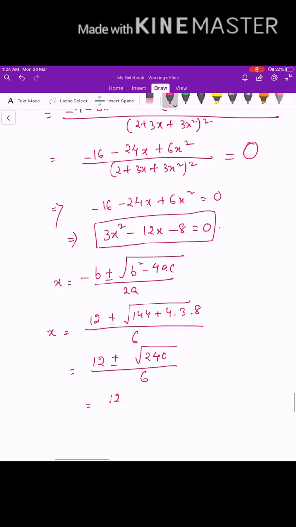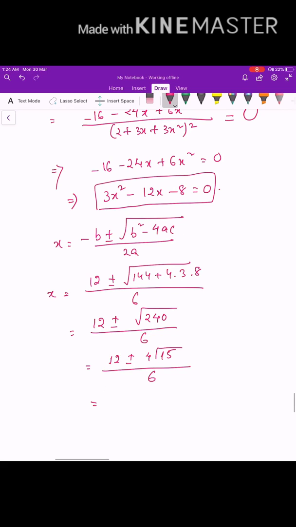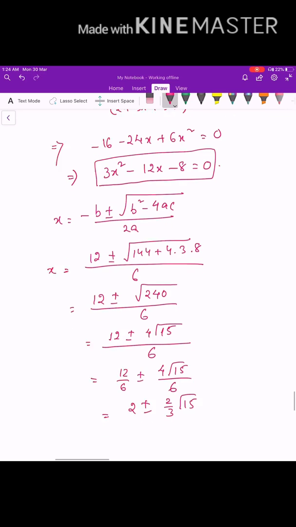So 240 can be written as 16 into 15, that is 4 under root 15. You can take your time for calculation. So this becomes 12 by 6 plus minus 4 root 15 upon 6. So 2 plus minus 2 by 3 under root 15.